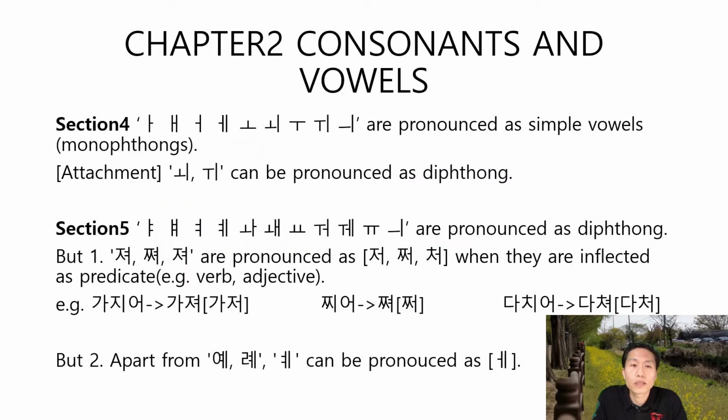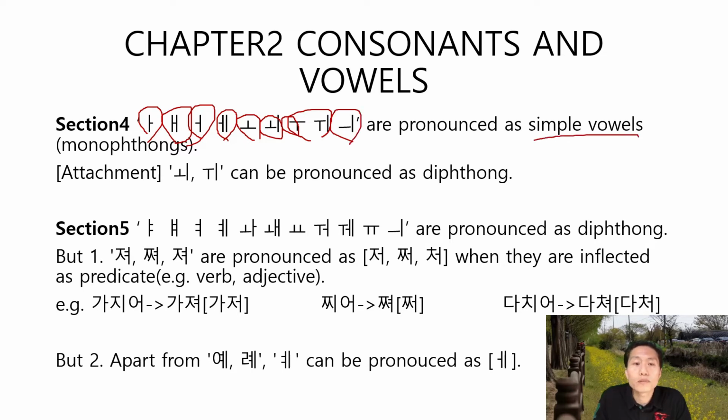Okay, now let's look at section 4. 아, 애, 어, 에, 오, 우, 으, 이 are pronounced as simple vowels, that is monophthong.